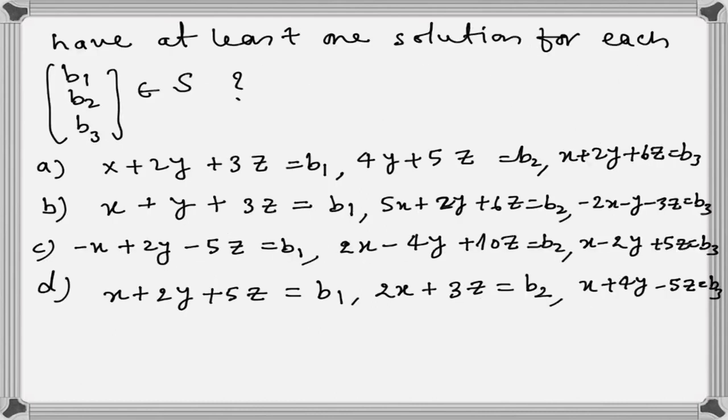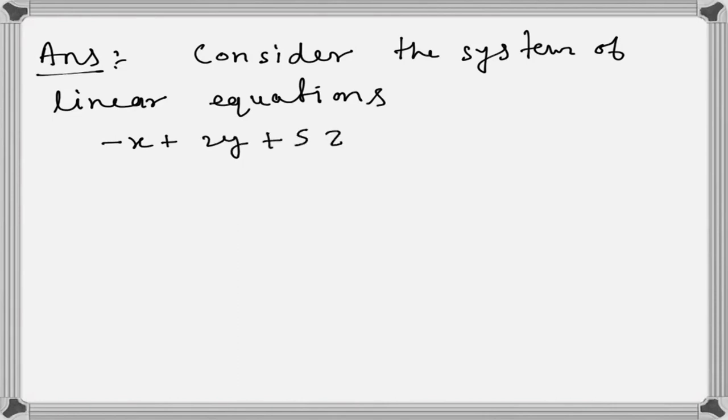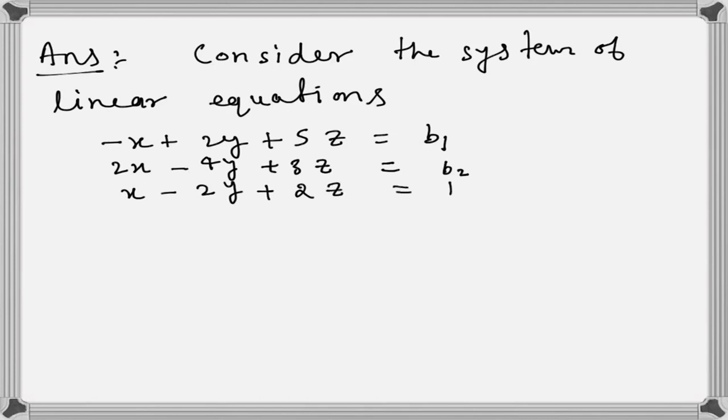So let's solve this problem. Consider the system of linear equations given in the question: minus x plus 2y plus 5z is equal to b1, 2x minus 4y plus 3z is equal to b2, x minus 2y plus 2z is equal to b3.